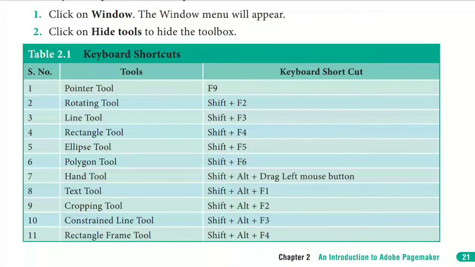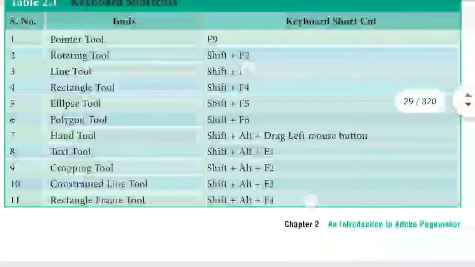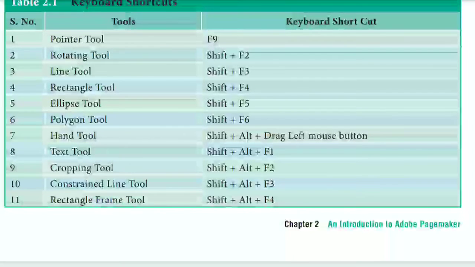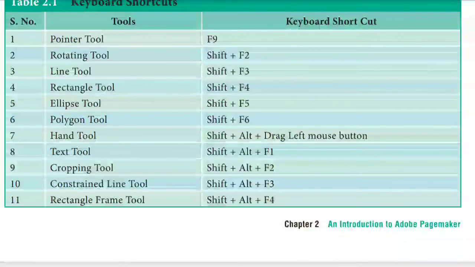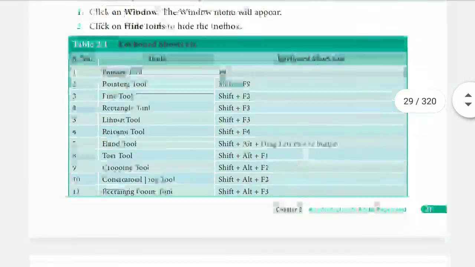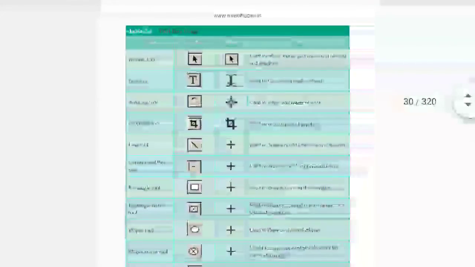Either you can select the tool by clicking on it, or you can use the shortcut key. If you want to draw a circle, then you use this ellipse tool, or you can press Shift F5 to select the ellipse tool and draw the circle. These are all the different toolbox usages.